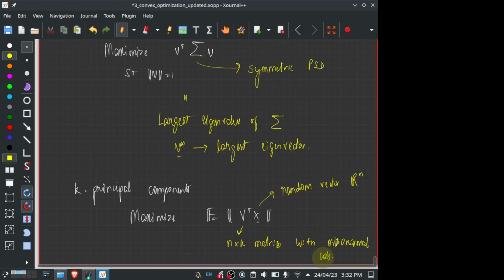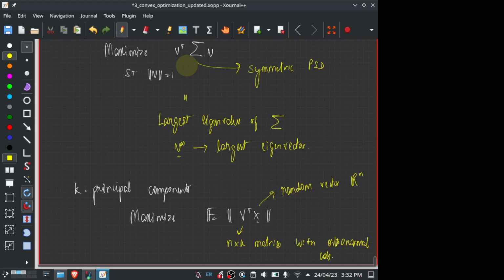Okay, that's fine. We have the following problem, but what kind of problem is this? Is it a convex optimization problem? No. Let's first look at the objective function. Take the simplest example: maximize v transpose sigma v.